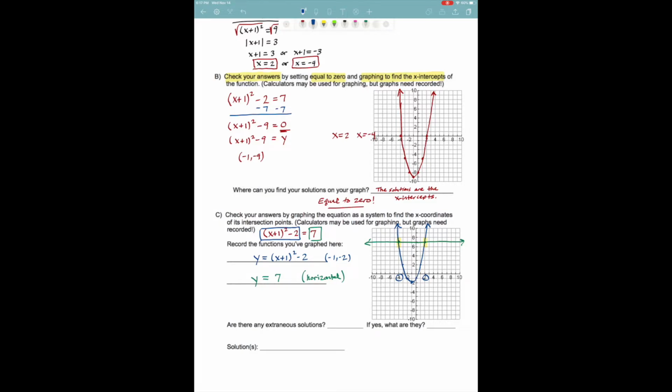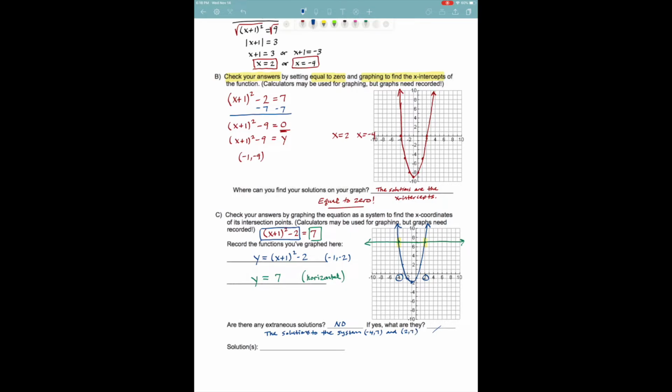So it asks, are there any extraneous solutions? No, there are no extraneous solutions. Our solution to the system, or solutions to the system, is going to be the point negative 4, 7 and 2, 7.